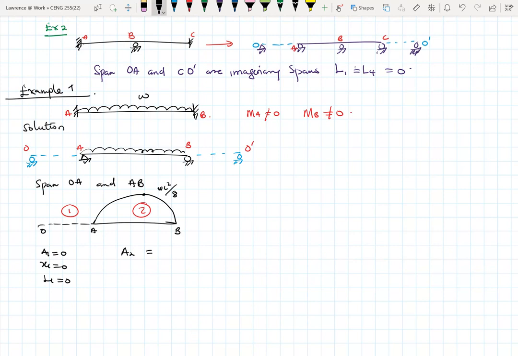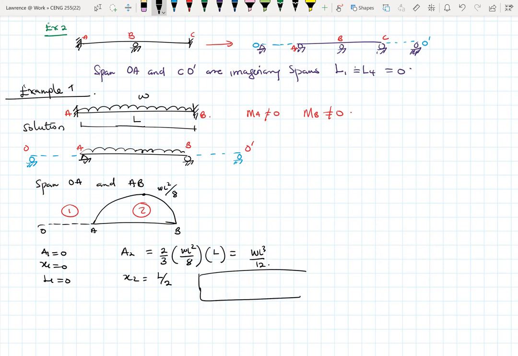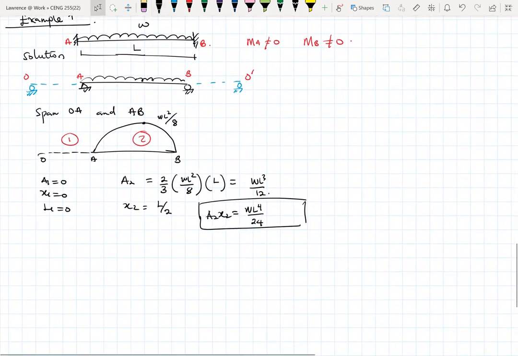Let's call this length L. It becomes WL squared over 8 times L. So this will give us WL cubed over 12. Our x2 will be equal to L over 2. So A2 x2 will be equal to WL to the power 4 over 24, I think. Yeah, we can always cross-check these things.